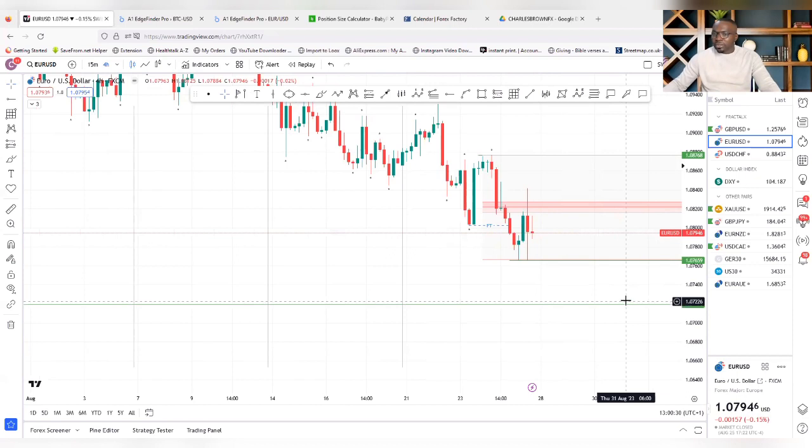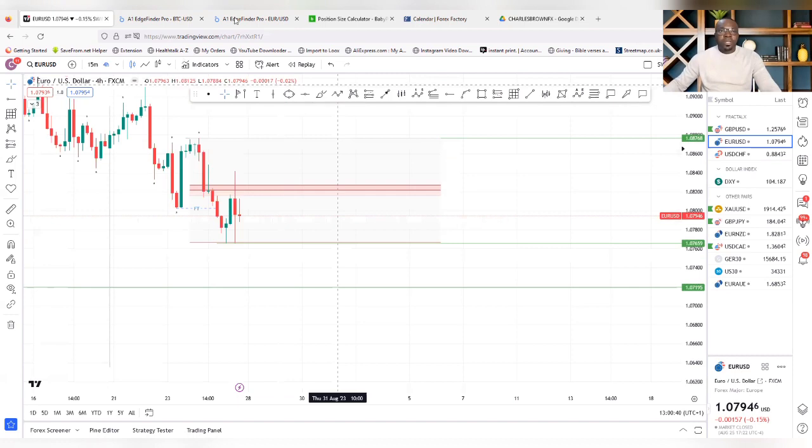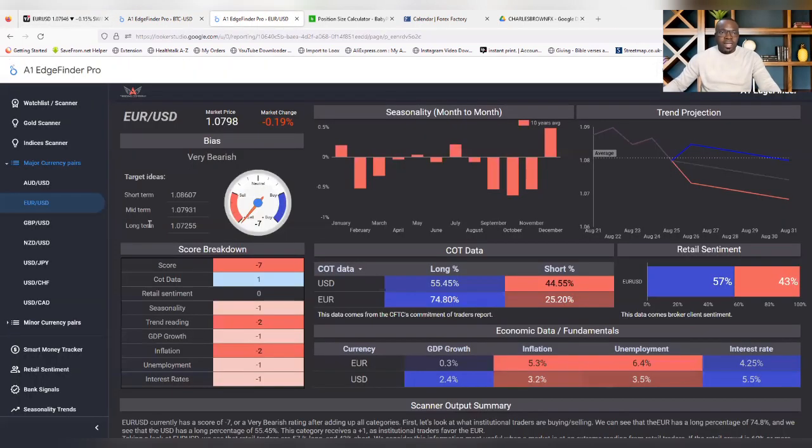It's telling us around this level, which is fine by me. That's where I'm looking at as well, that price will get to. So it's telling us the long-term positioning that the market will get to 1.07. So that's the long-term target.